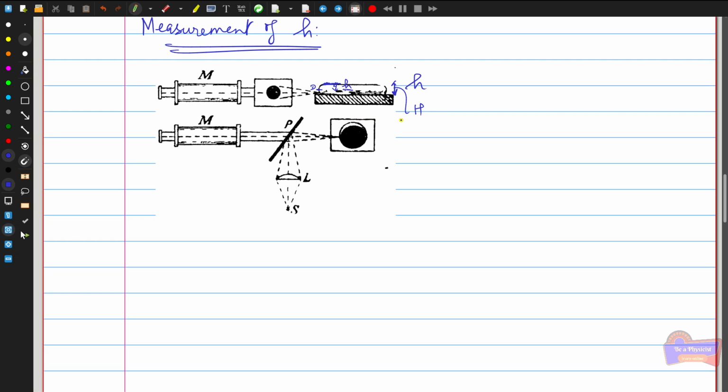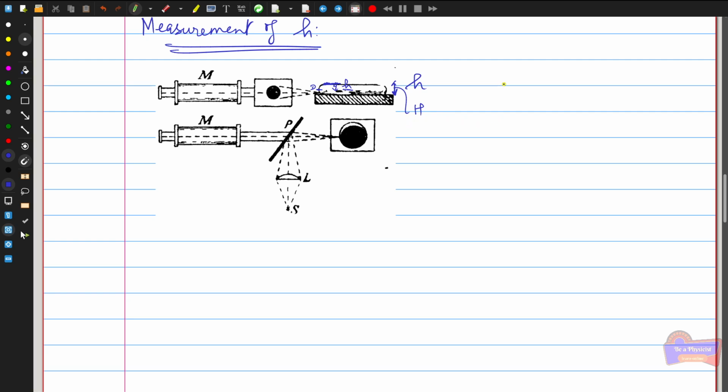The microscope is focused on the top of the surface and the reading is noted, then the point is taken to the bottom of the surface and the reading is noted again. The distance between these two gives the height H.